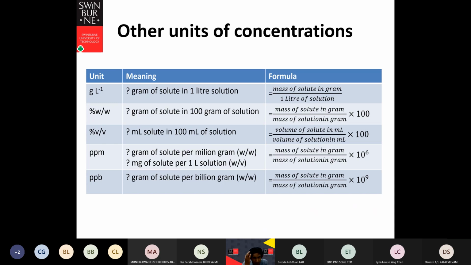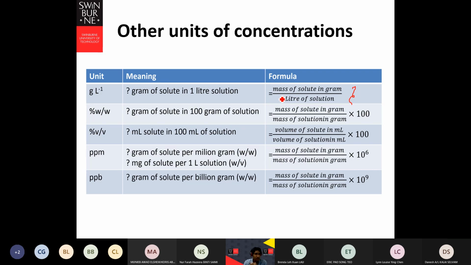Okay, so another unit of concentration that we sometimes use in our chemical calculation is gram per liter. This is interesting and sometimes useful for us. When we are not really looking for the number of moles or doing the reaction, we just want to know roughly how much material is inside the solution, we can just express it in gram per liter.